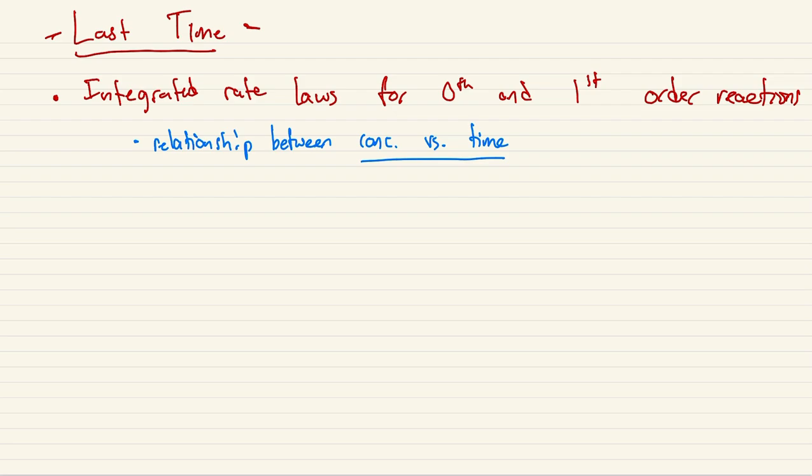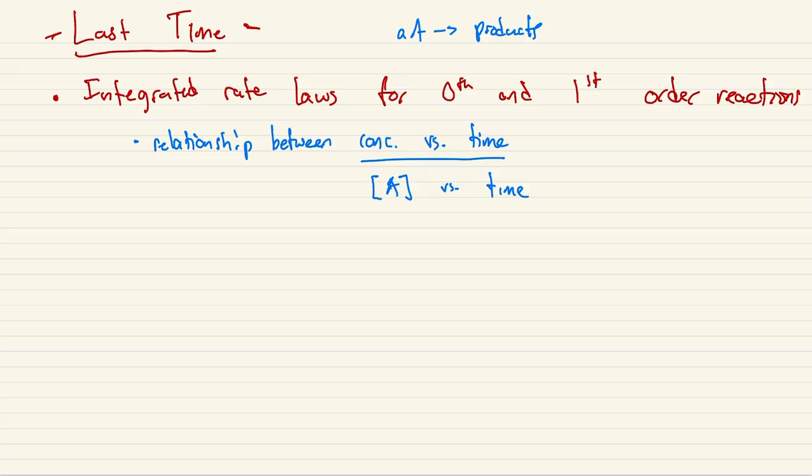Whereas the experimental rate laws were relationships between what? So if it was our arbitrary reaction, A goes to products, it was A versus time.